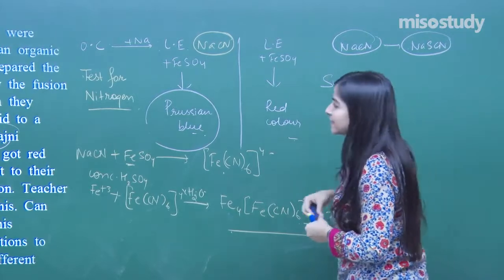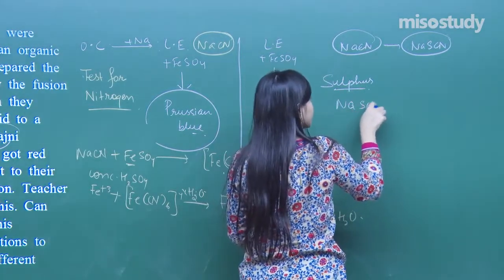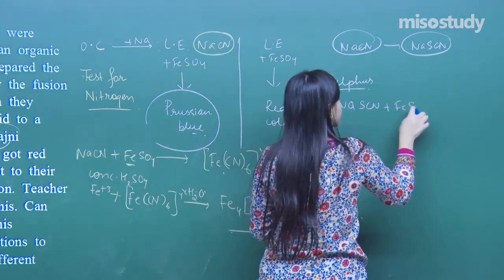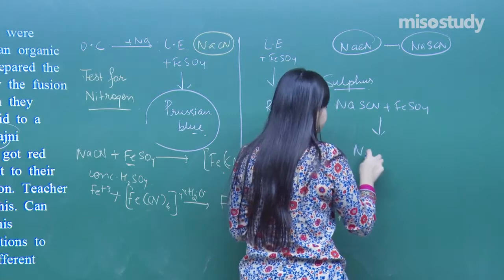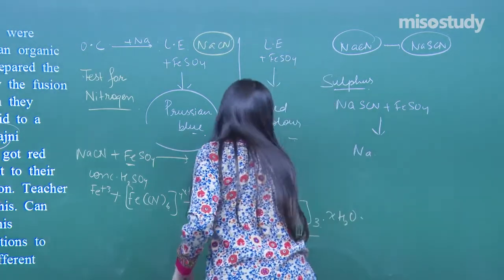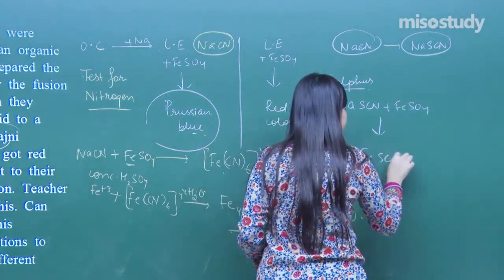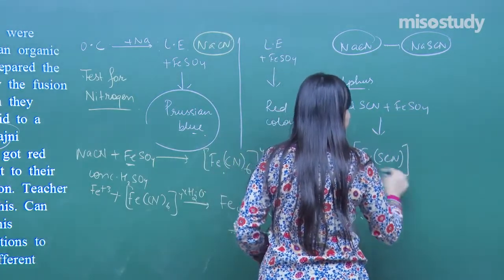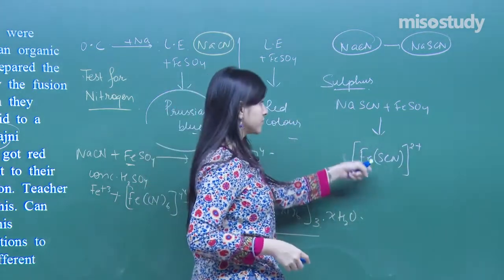Due to this NaSCN, if we perform the same reaction, reacting it with FeSO4, we get [Fe(SCN)]2+.